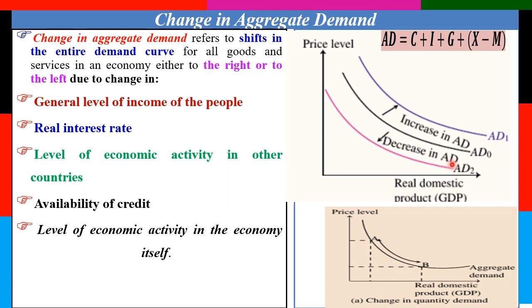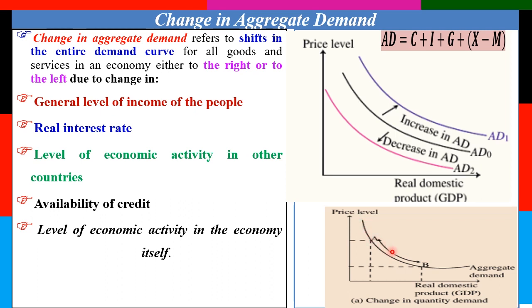Take care on this one, when we say change in the quantity demand and change in aggregate demand. In change in the aggregate demand, the demand curve shifts to the right or shifts to the left. Change in quantity demand means we move along the same curve, either upward or downward.